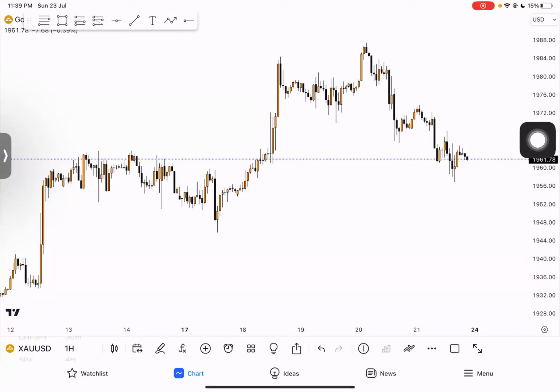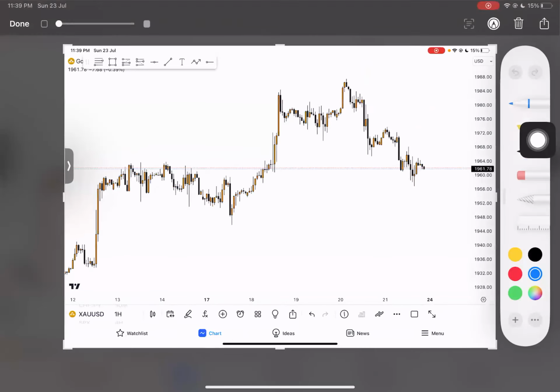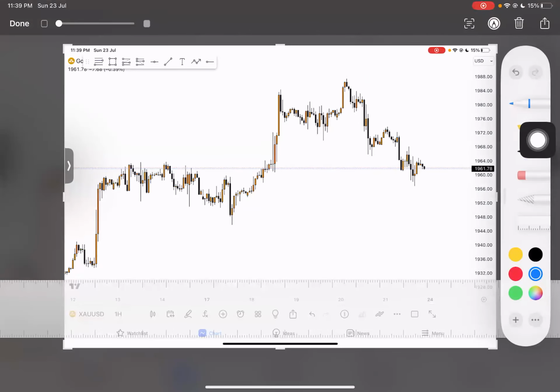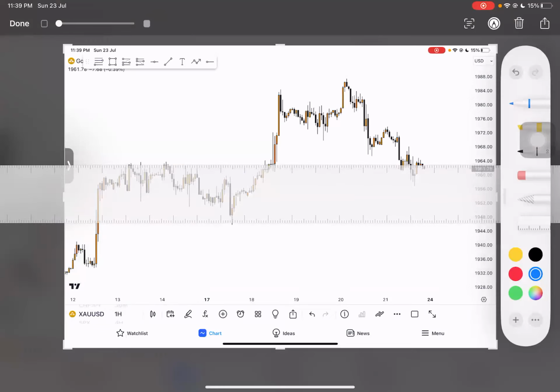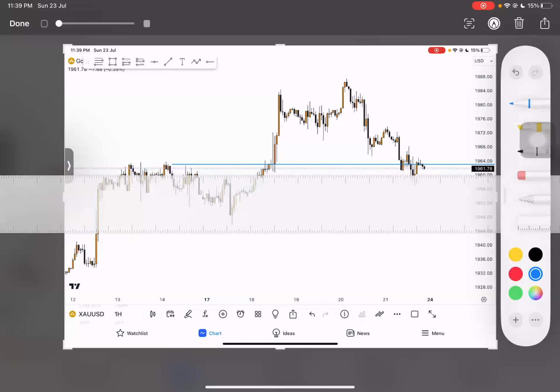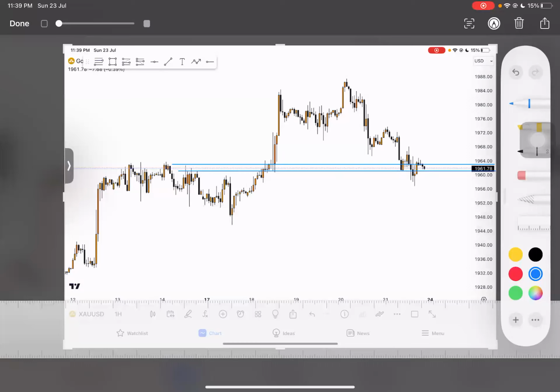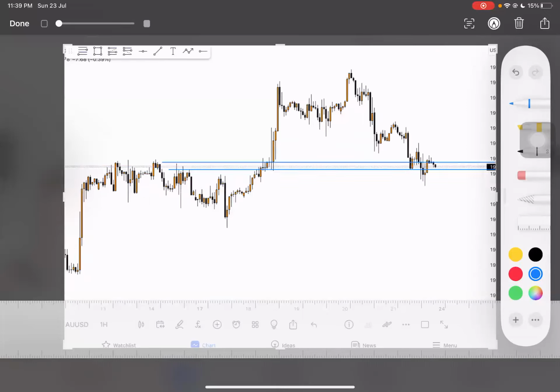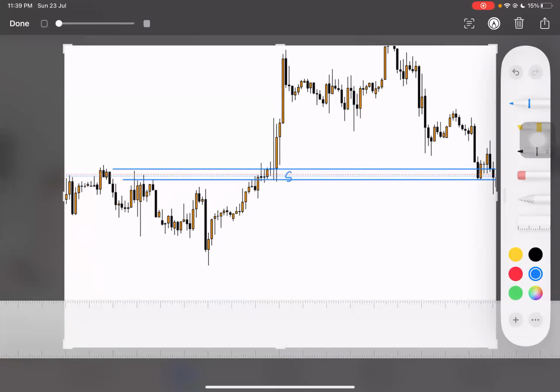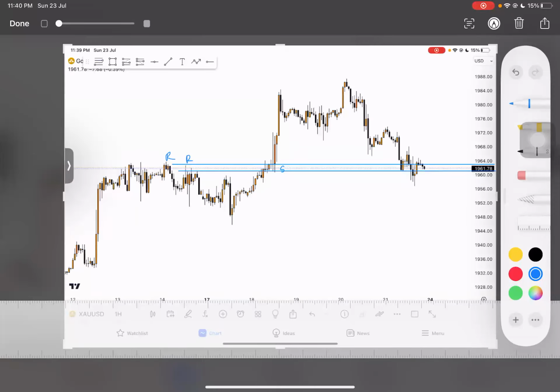That time I was drawing this one, right? I'm drawing this here. Actually, it's the same one, same logic as SBR and RBS. This one is causing the breakout. You can see this is a support, it broke the previous resistance, so this is a good, valid support.